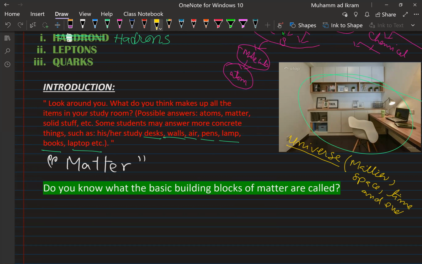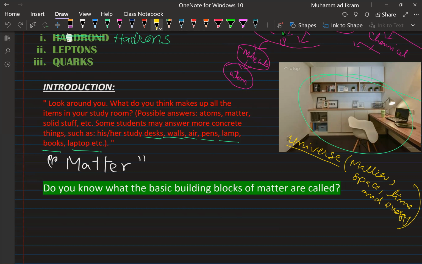These are the constituents of our universe. So the universe consists of matter, space, time, and energy. And I explained to you about matter, space, time, and energy at their appropriate place.